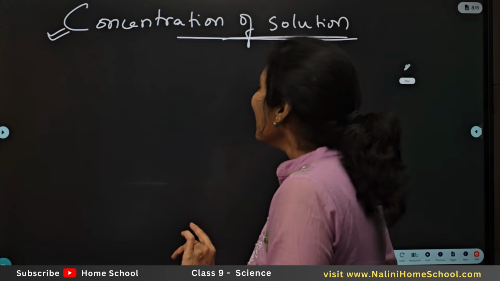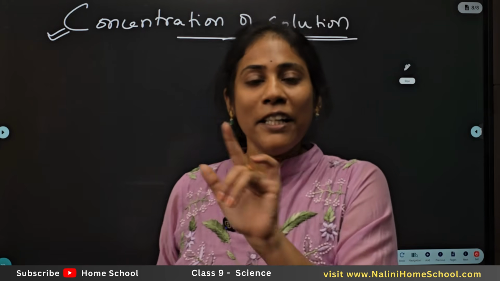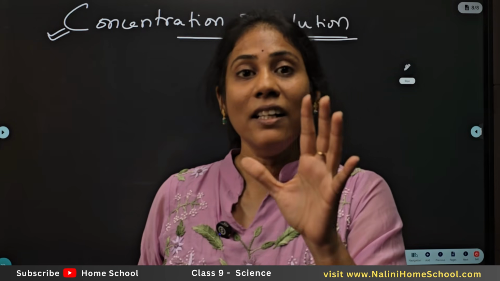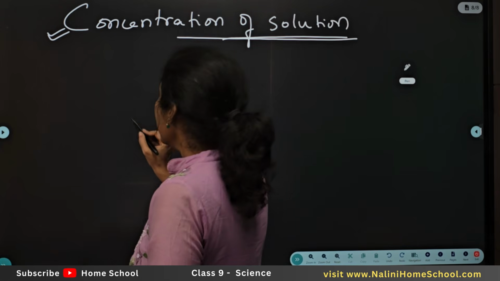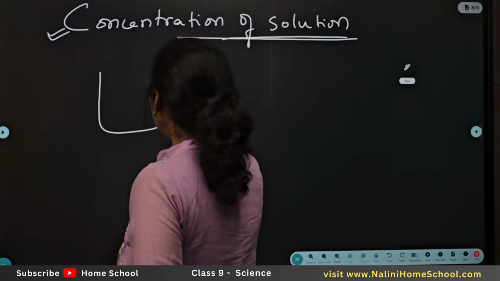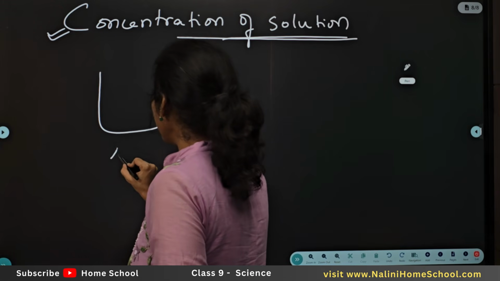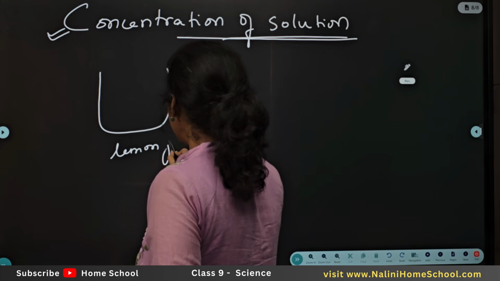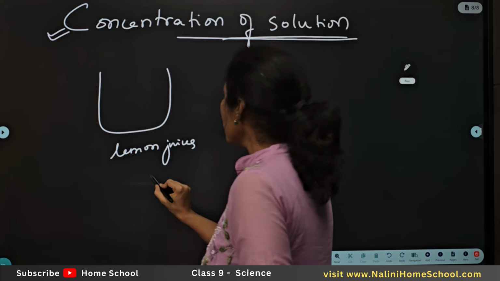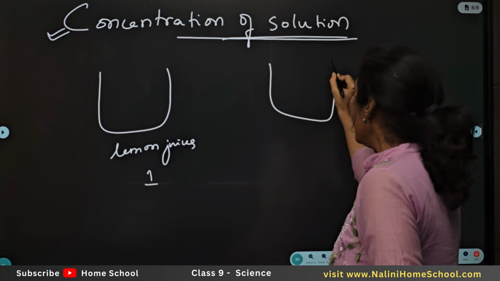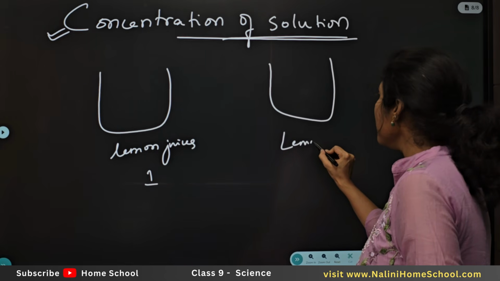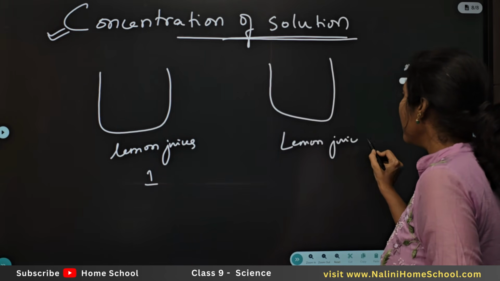Before I begin to explain this topic, I will give you one example. Say you have 2 lemon juices: this is lemon juice number 1 and this is lemon juice number 2.